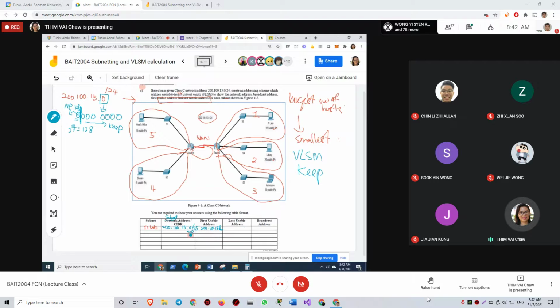It means that you need to have a total of 128 addresses. 0.0 is one address. That's why your dot 127 here is your last address, the broadcast address. And here will be dot 126.